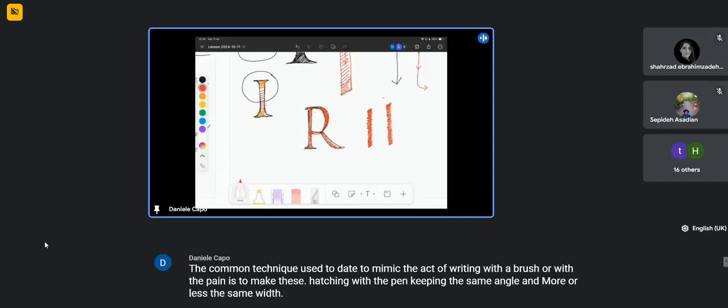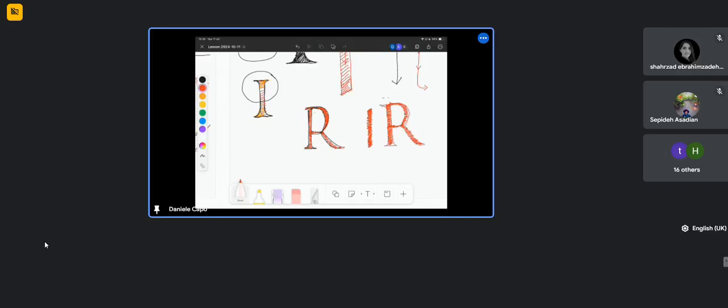Okay, if you do this consistently, you can mimic the pen, then you can refine and obtain your letter. But we will study this technique later.